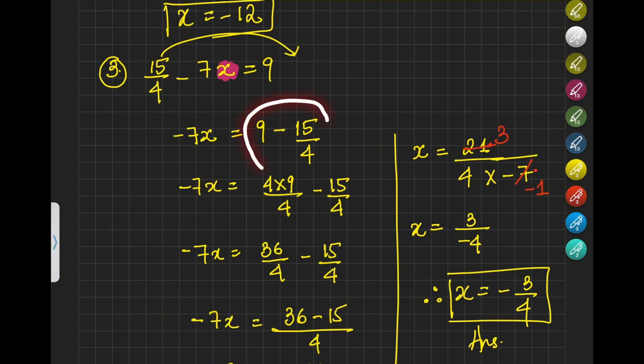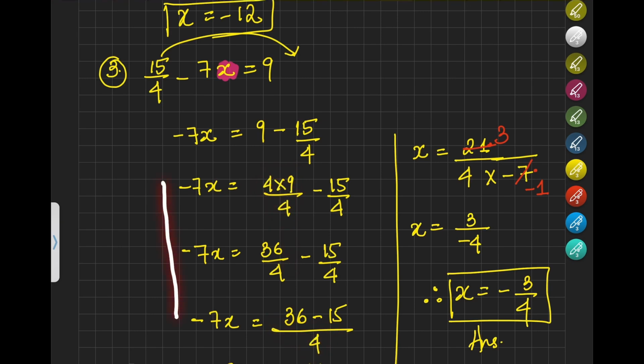And to solve this, I had to make them like fractions, meaning the denominator for both numbers has to be 4. So for that I multiplied 9 in the numerator with 4 and in the denominator with 4. So I got 36 by 4. Now I can take the LCM as 4 and 36 minus 15.